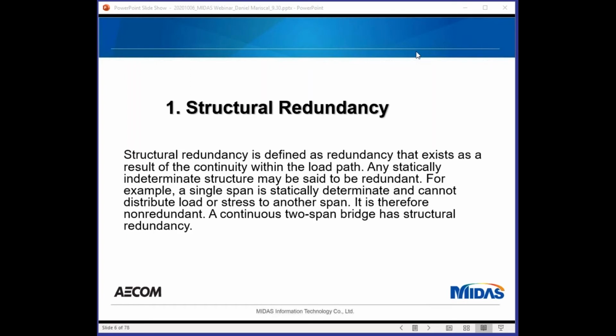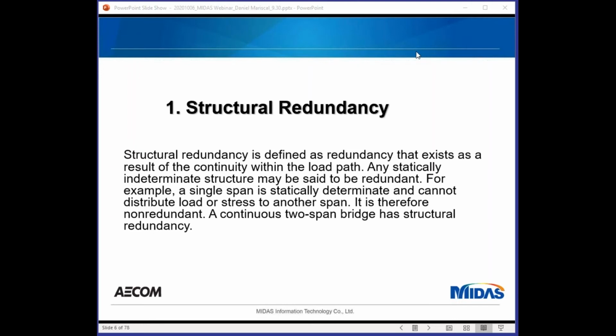Structural redundancy is basically an indeterminate structure that allows for the load to be redistributed to other load paths. For example, let's put a very simple example. If we have a simply supported beam, pinned on one end and rolled on the other, if the beam breaks in the middle, the beam falls.